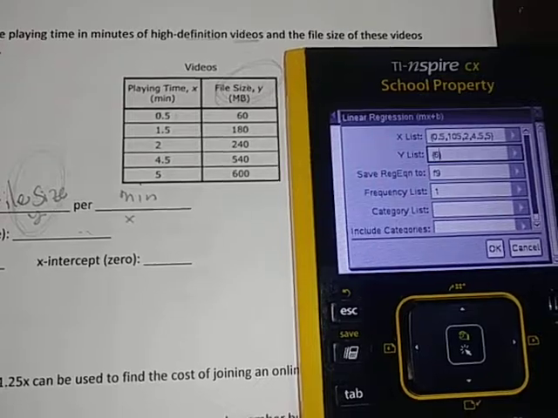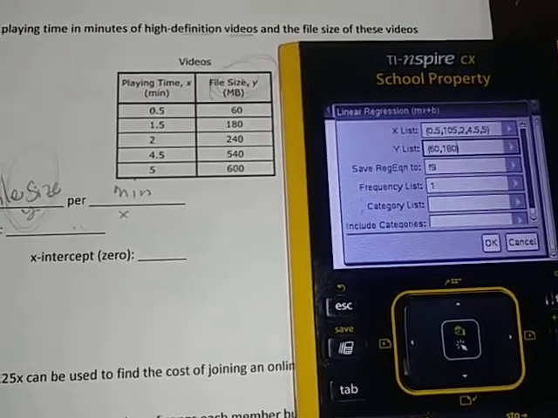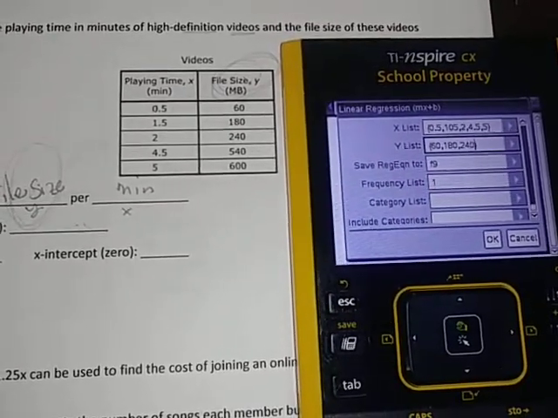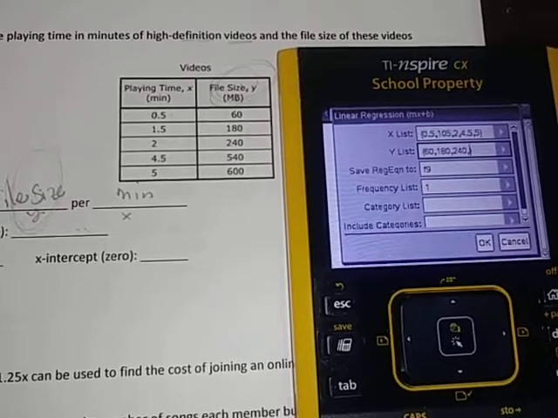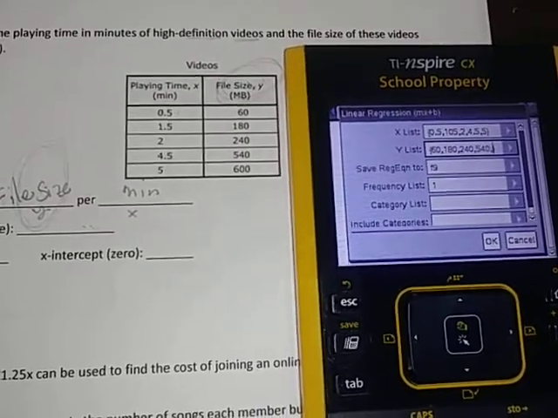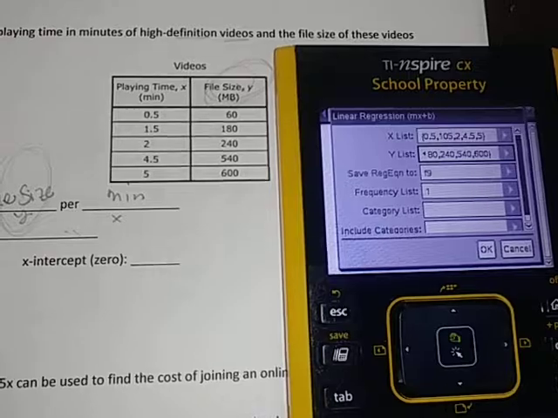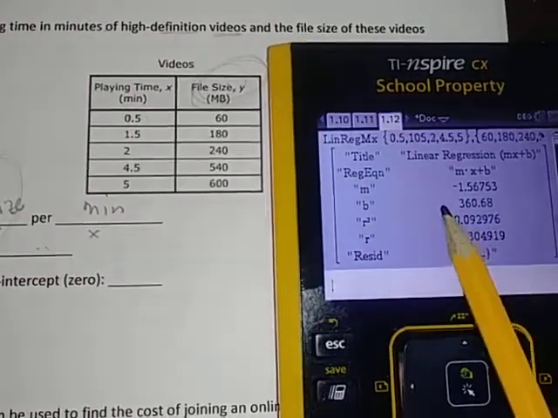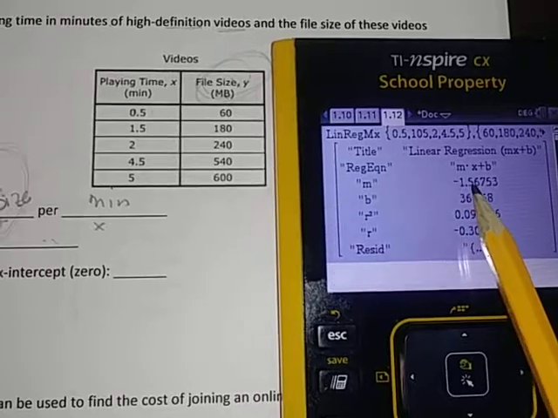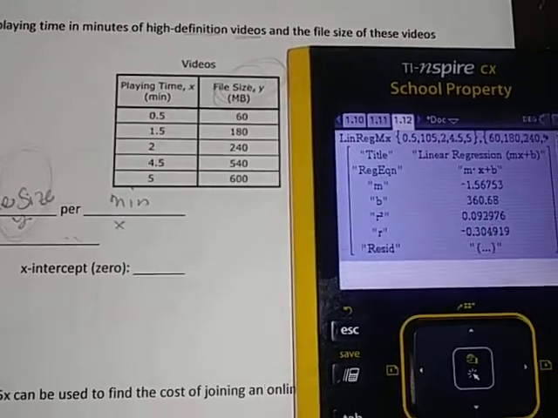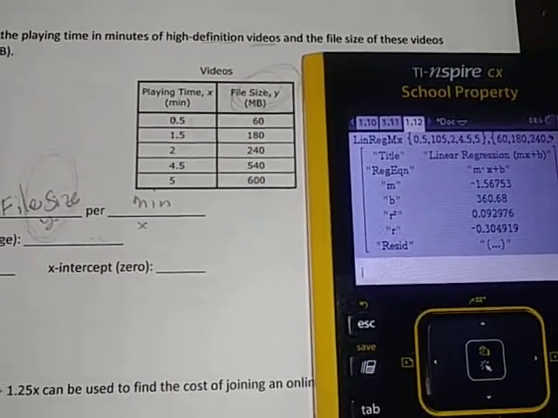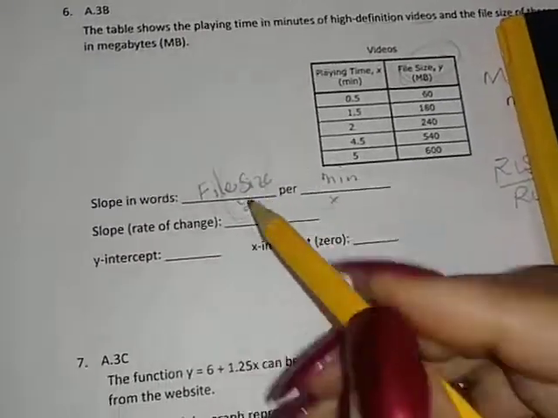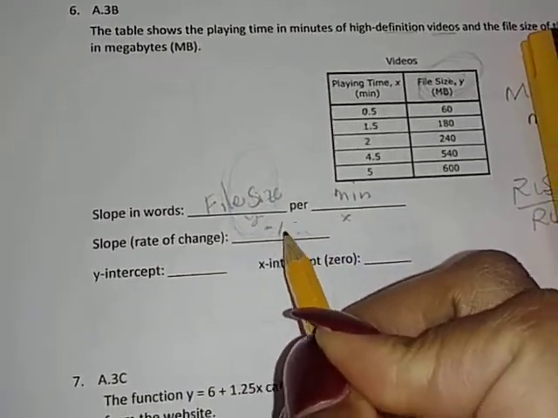Control right parentheses 60, comma 180, comma 240, comma 540, comma 600. And the slope is negative 1.57, approximately.